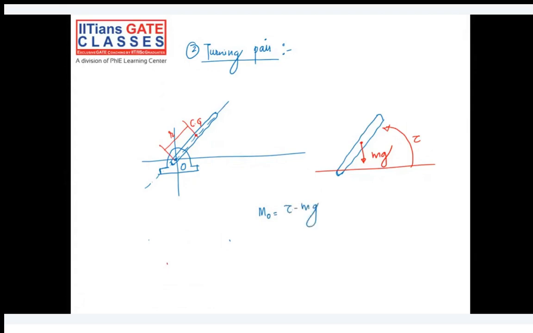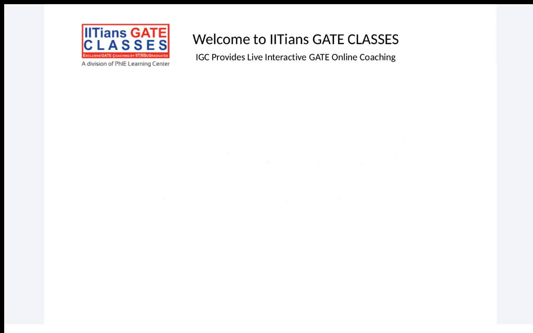So what moments I can expect here: the moment about O would be tau minus mg times r cos of theta. Let's assume this angle as theta. Then let's say this bar is moving with omega rpm, and alpha is the angular acceleration. These are the assumptions.